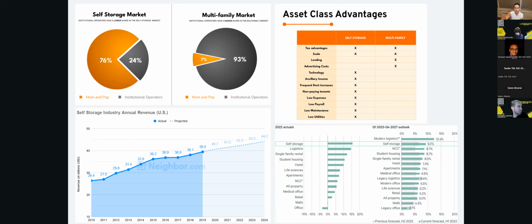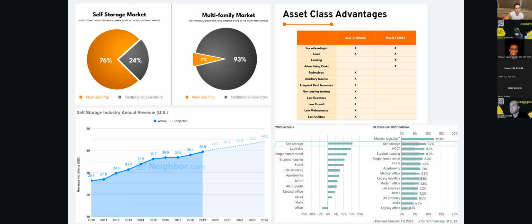And then you have a comparison here of asset class advantages between self-storage and multifamily. Not saying anything negative about multifamily at all. We are also involved in multifamily. We're not just focused on self-storage, but this is about self-storage. So I'm just showing the comparison between the two asset classes side by side.